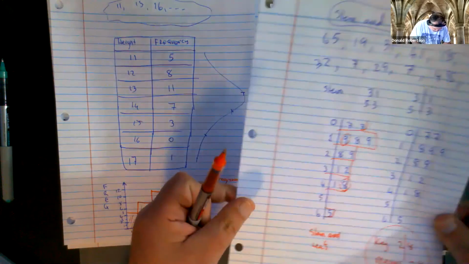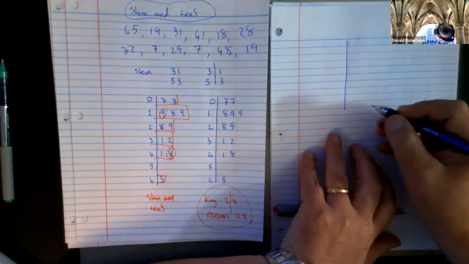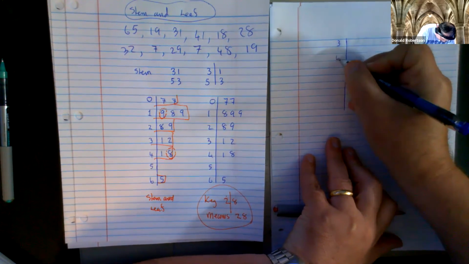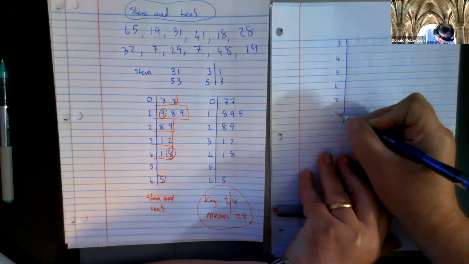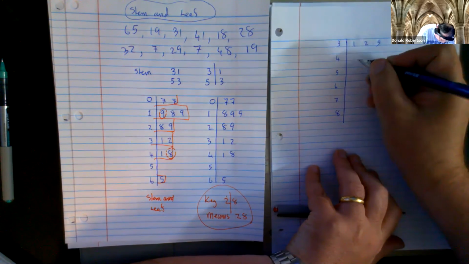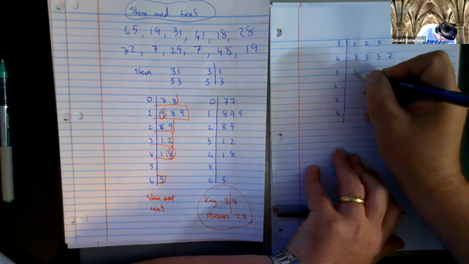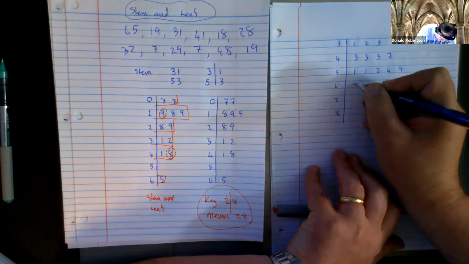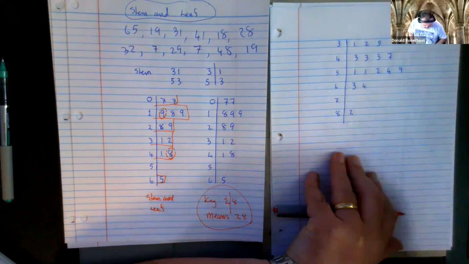So imagine I have a stem and leaf and it was to do with results in an exam. And it looked like that.